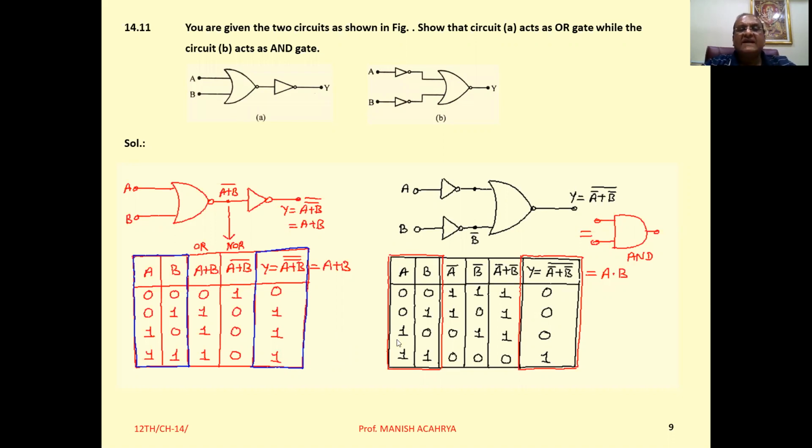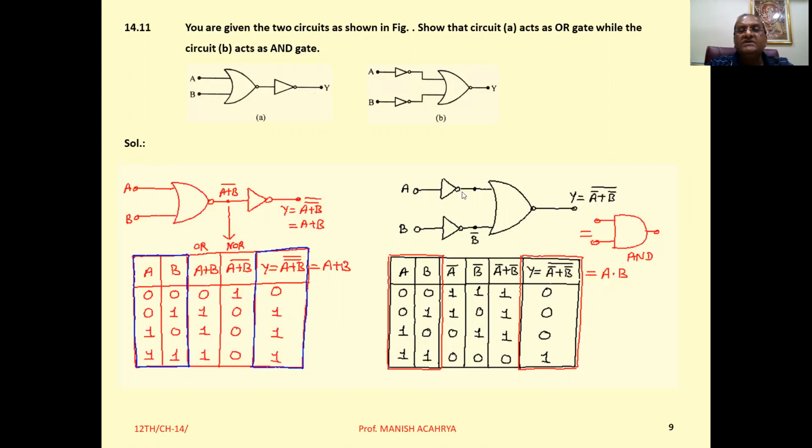Now consider second circuit. See, in second circuit, A and B are first inputs of NOT gate, then output of NOT are the inputs of NOR gate. Okay, so let's consider first A and B: 0 0, 0 1, 1 0, 1 1.